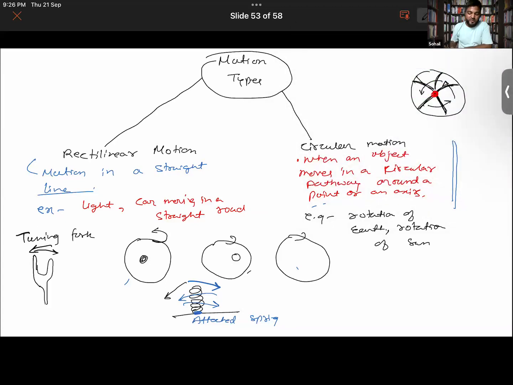Okay, sir. Then you have examples like the pendulum. So the pendulum is moving in a particular fashion in a fixed amount of time. For example, earlier clocks used to have a pendulum. Nowadays it has been replaced.